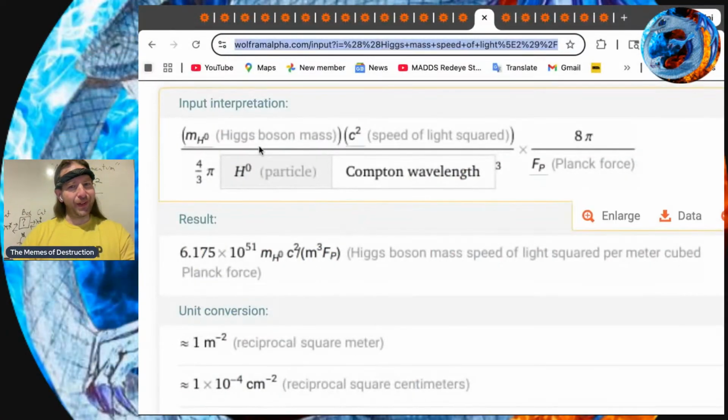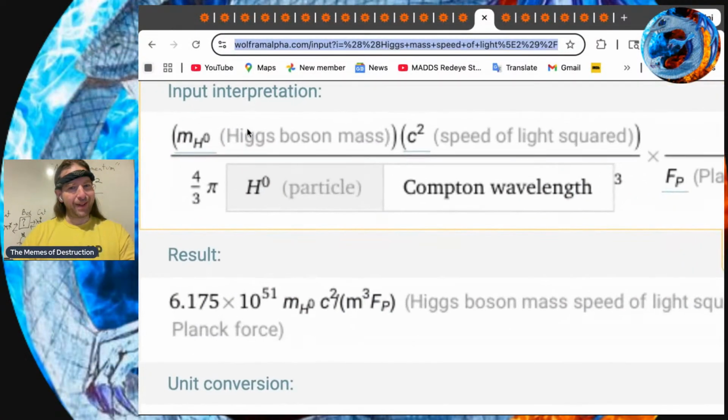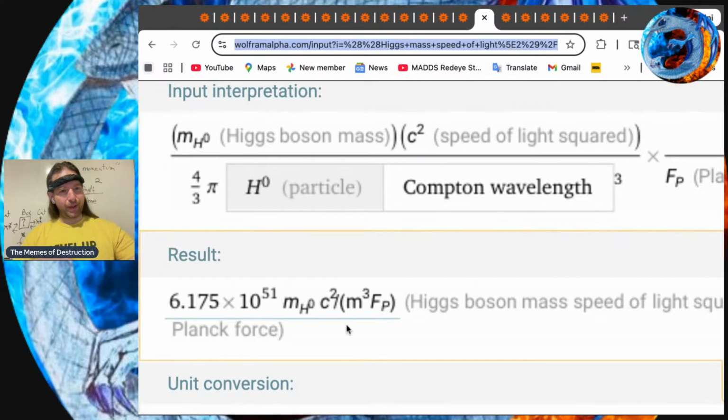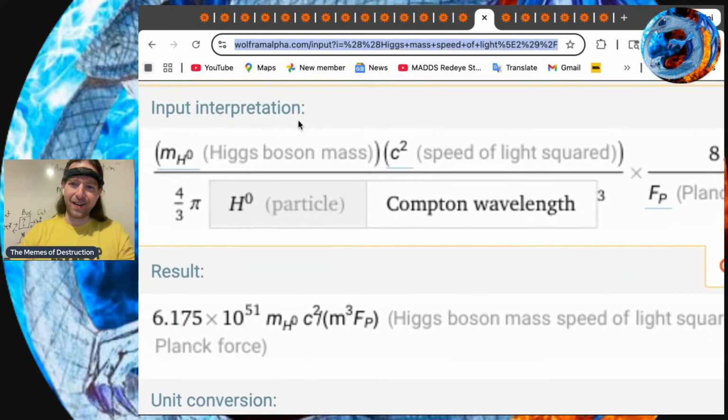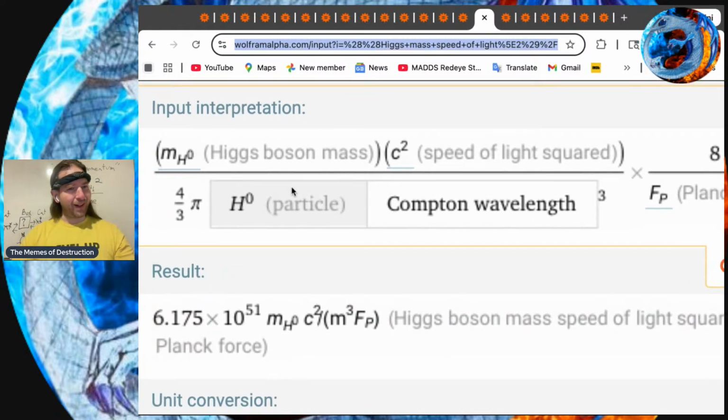So what are we talking about? If you take the mass energy of the Higgs boson, the quote-unquote God particle, and multiply it by the speed of light, we're getting its rest mass energy. Then we're literally turning it into a spherical cow. How do we do that?